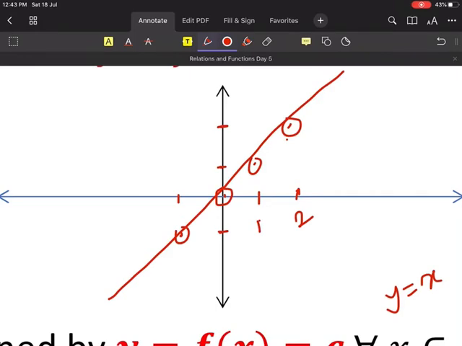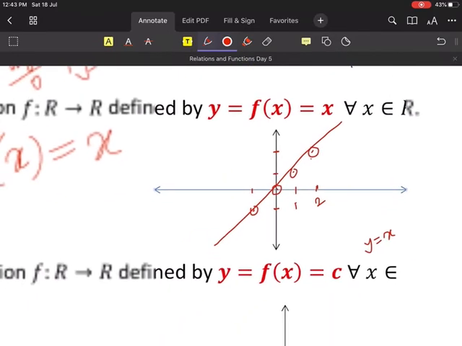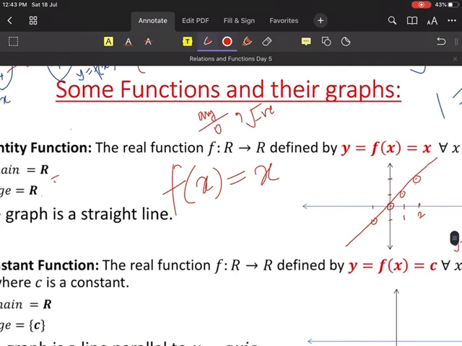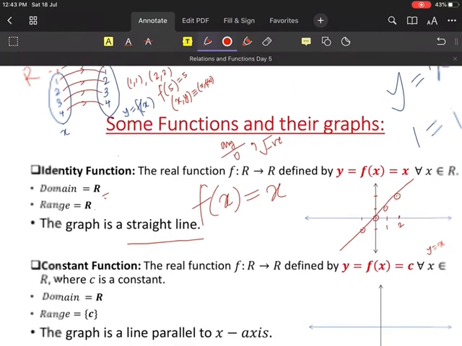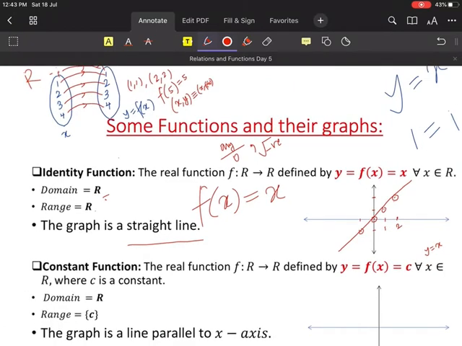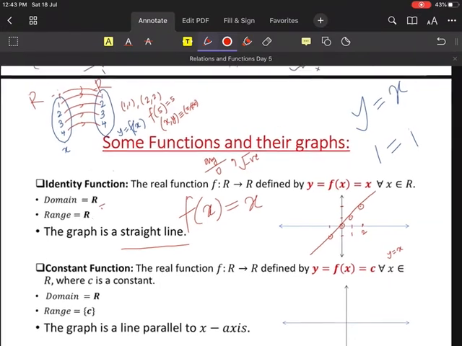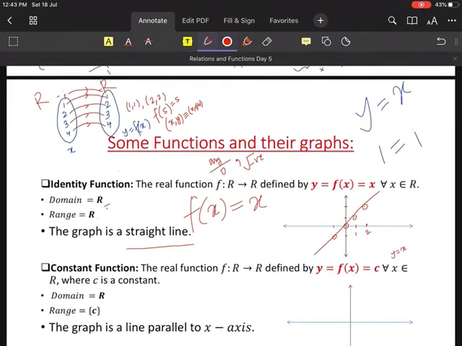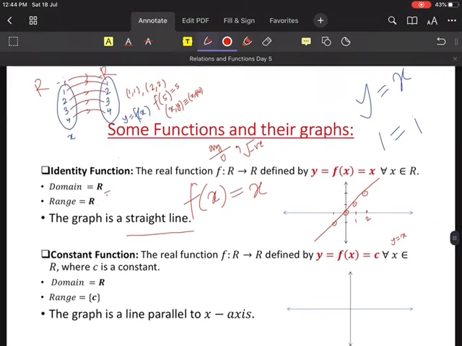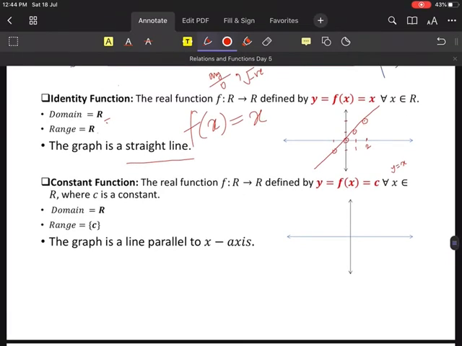If I join these points, I get a line like this. So I will be getting a straight line, and the straight line is passing through the origin. So y is equal to x will be a straight line passing through the origin. So this is our identity function. Am I clear, everyone? Understood?